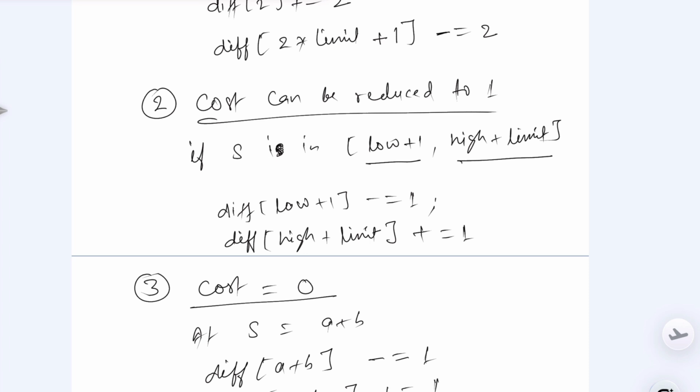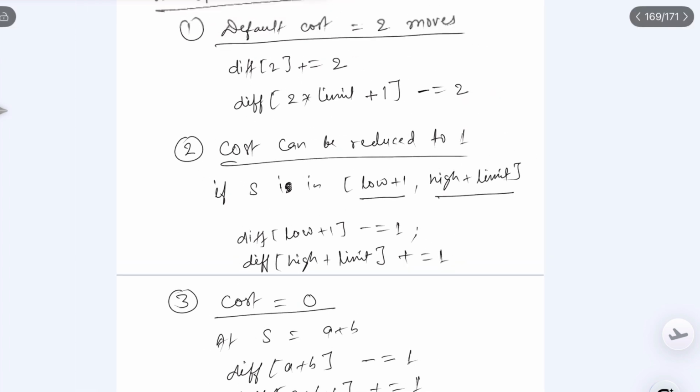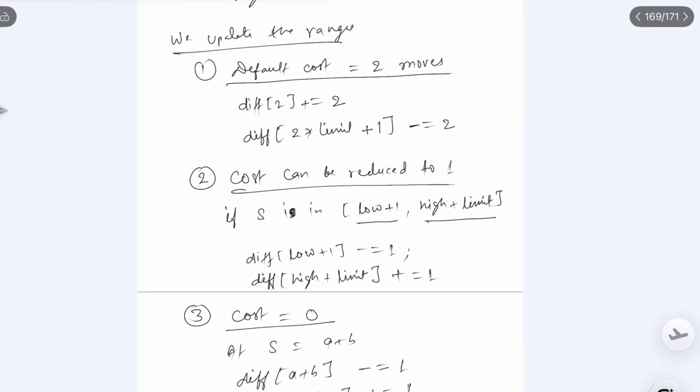So we have to check what will happen in all these cases, and update the range. These three things we have to think about: the default cost of 2 moves, whether the cost can be reduced to 1, and cost is 0.